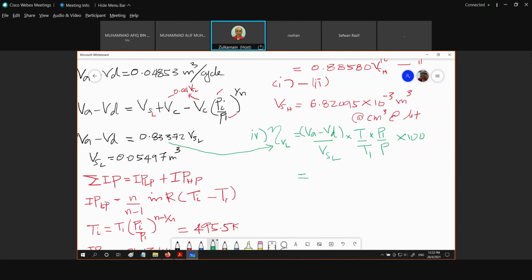Then you will get the volumetric efficiency as 77.31.